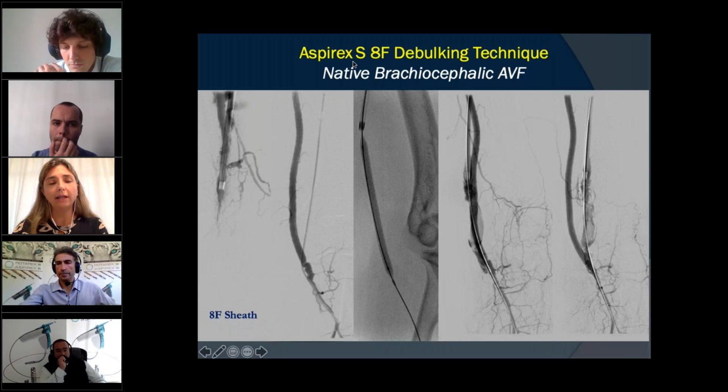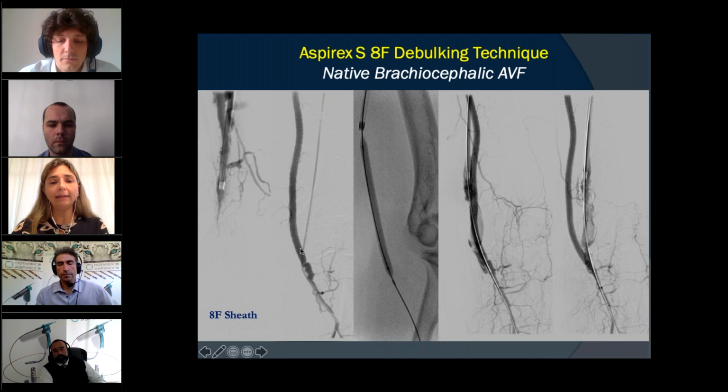We decided to use the larger device, an 8 French sheath positioned in a retrograde way as far as possible from the arterial anastomosis. We can see a 5 French headhunter catheter through the anastomosis and the first angio, where we can see the distal brachial artery and the proximal larger brachial artery to the anastomosis, which is occluded.